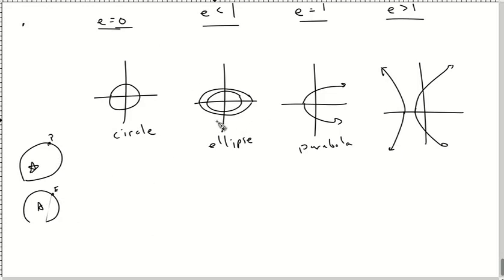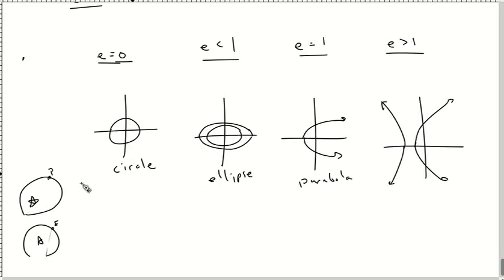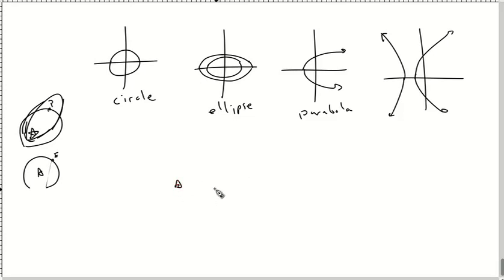So Pluto would have an ellipse, or comets even, because Halley's Comet would come in and then whoosh, and it comes in and then leaves again for a long time. So that's an ellipse. Parabola is something that would never come back. So just for example, which kind of doesn't happen in space, say you had a comet that came in hot, and then it said, oh, cool, there's a sun, and then let's leave.